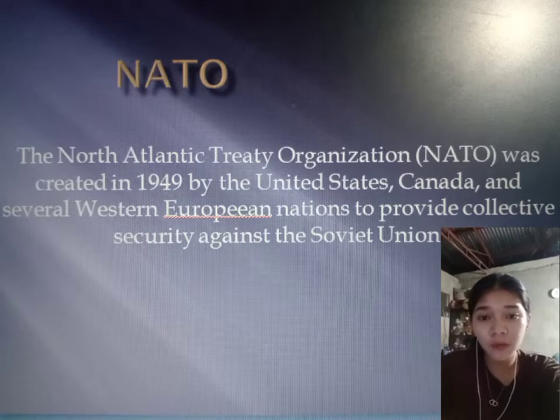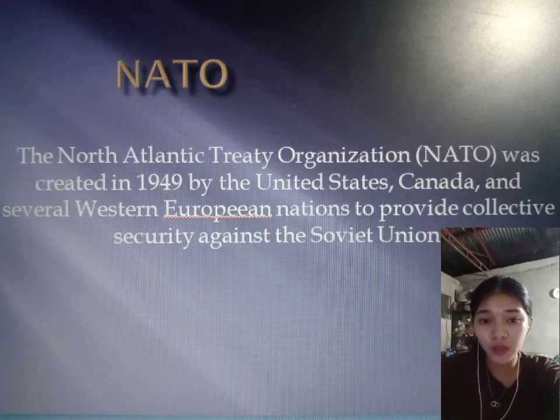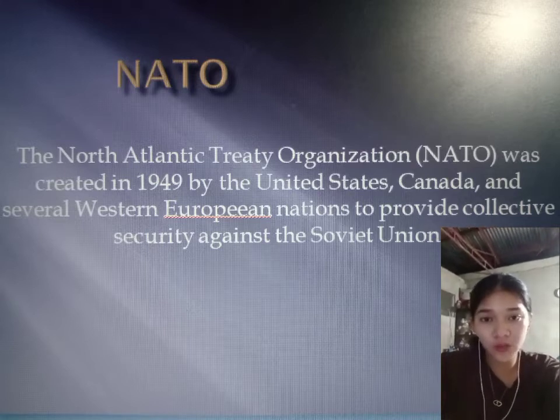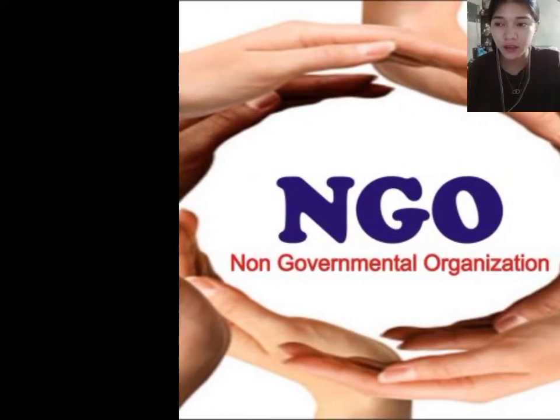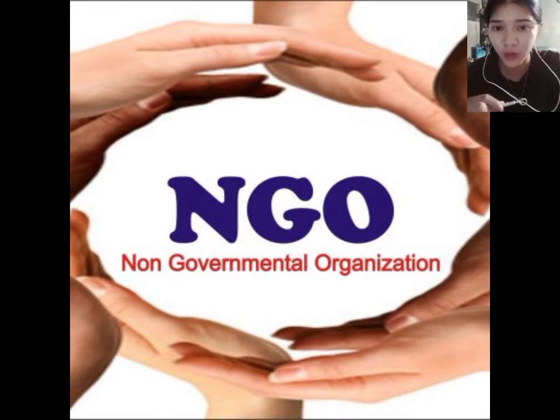From its inception, its main purpose was to defend each other from the possibility of communist Soviet Union taking control of their nations. So the next is the non-governmental organizations or NGOs.